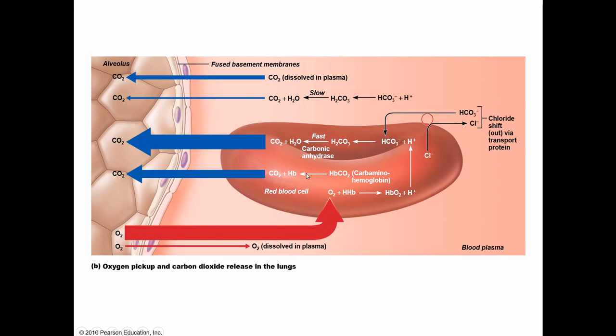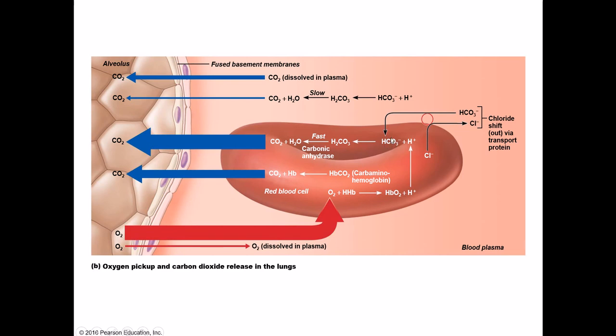Some of the carbon dioxide is bound on as carbaminohemoglobin. It disassociates from the hemoglobin and diffuses out of the red blood cell through the plasma and into the alveolus. But most of the bicarbonate ions that were out here in the plasma traveling through the blood come back into the red blood cell. Chlorine moves out, again our chloride shift, so that we keep our charge balanced.